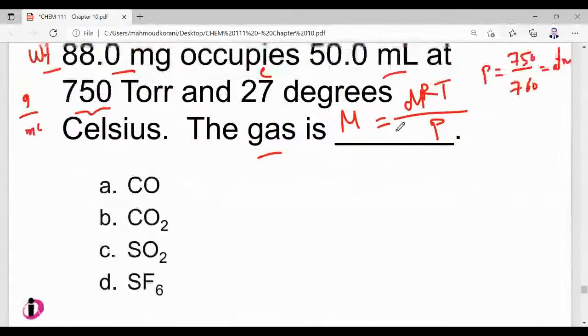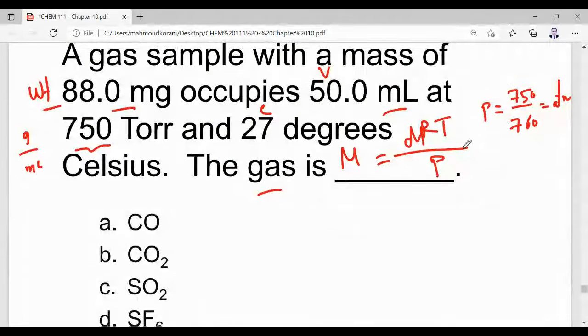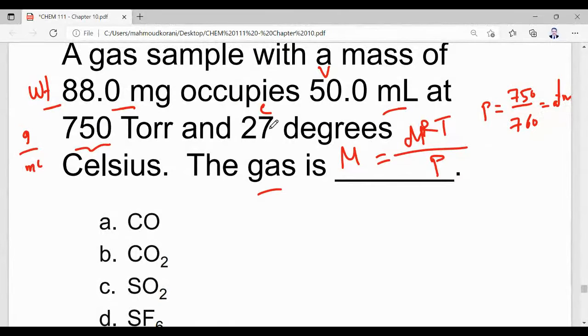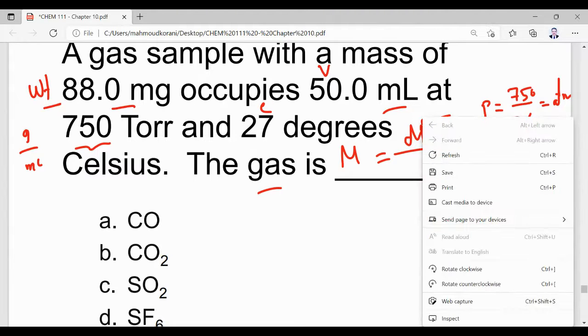So you have the pressure as I mentioned, the temperature plus 273, and R should be 0.082 atm liter per mole Kelvin.